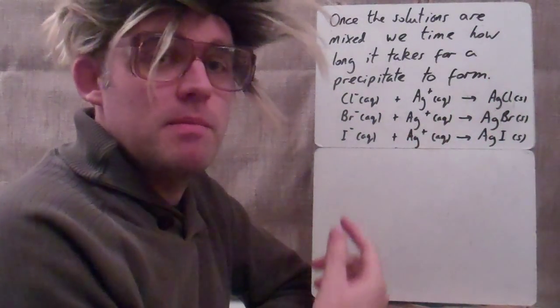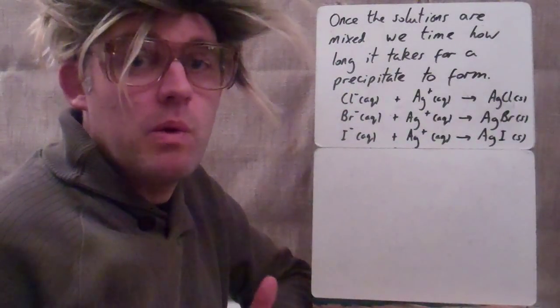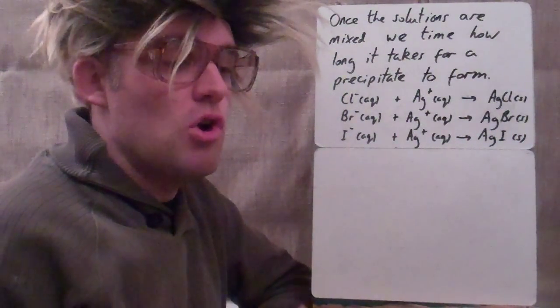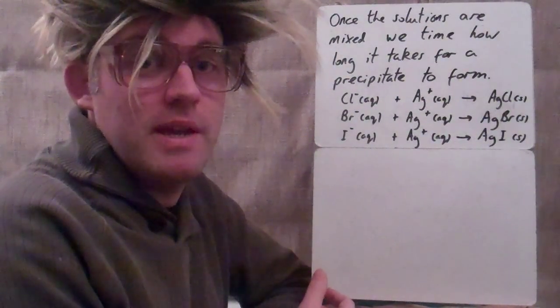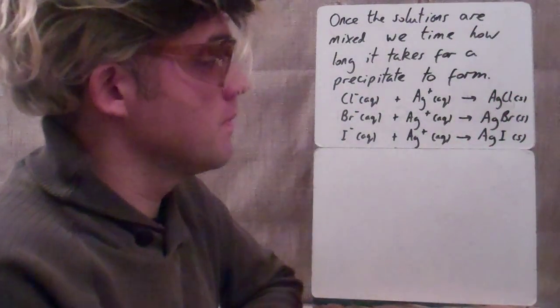Okay, so it's a very similar reaction to when we're identifying them. This time we're timing how long it takes to form a precipitate, and depending on how long it takes we can work out the rate of reaction. So the longer it takes, the slower the rate of reaction. The quicker it forms a precipitate, the faster the rate of reaction. Okay, so these would be the three precipitates that we'll see form.